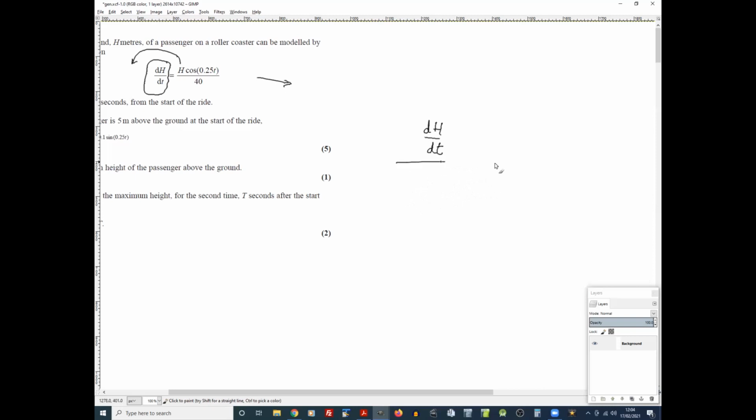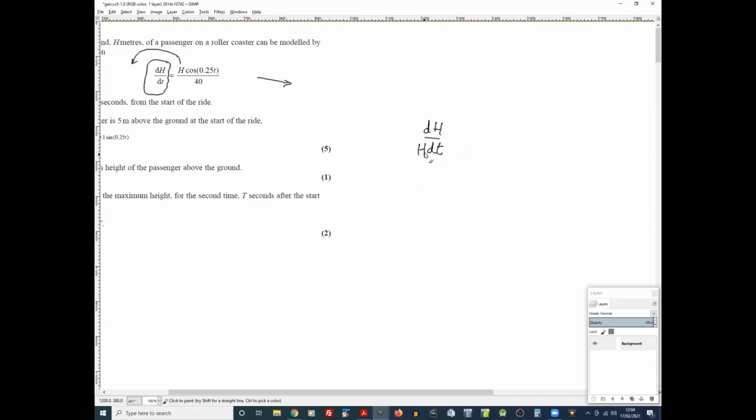What's another way of writing that? dh over dt h or h dt. What, like that? No, with the h on the bottom. Right. Okay. That's nearly it.